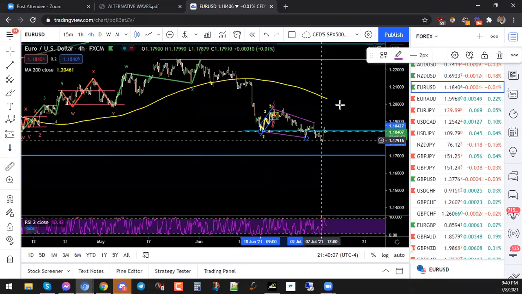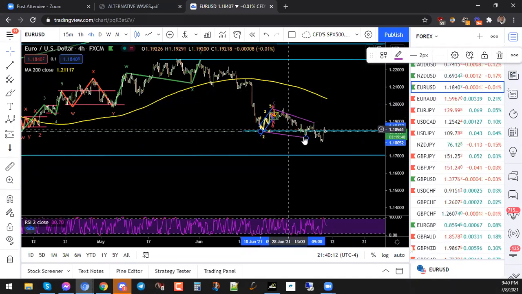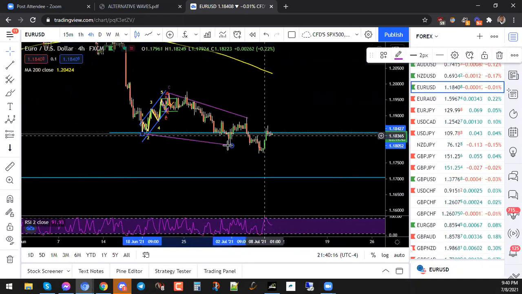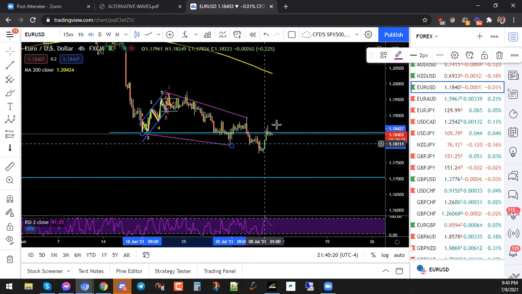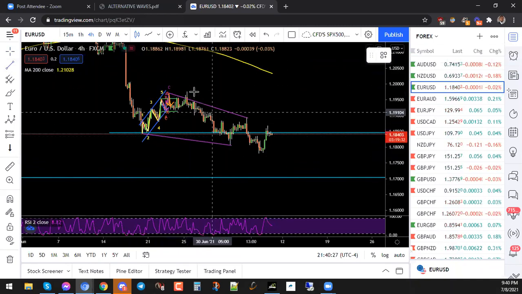Or it could just simply make a bigger corrective formation, right? If not, we could be looking at this piece here, this 3 waves up, 3 waves down. This could be 5 up, and then we start making our way back to the downside, which would be an extension of this pattern.